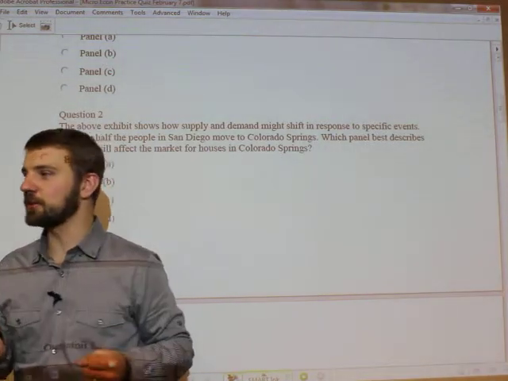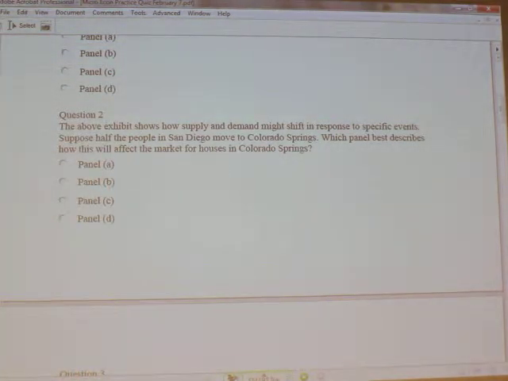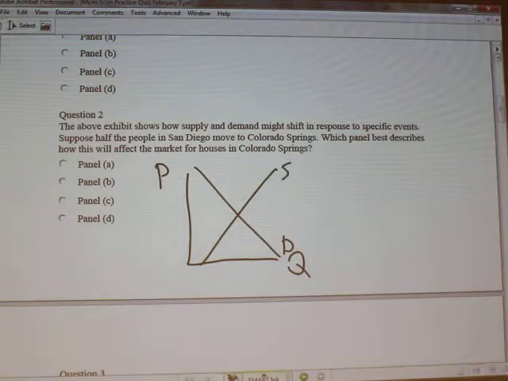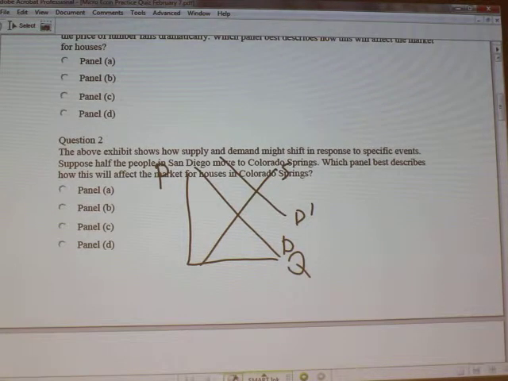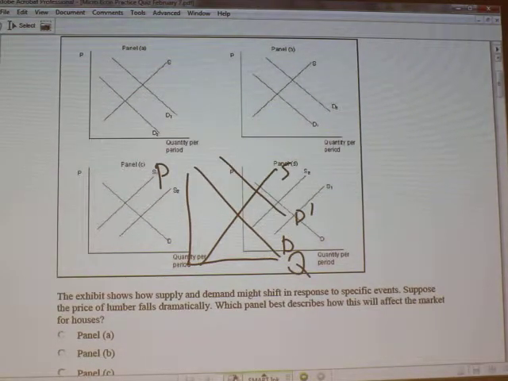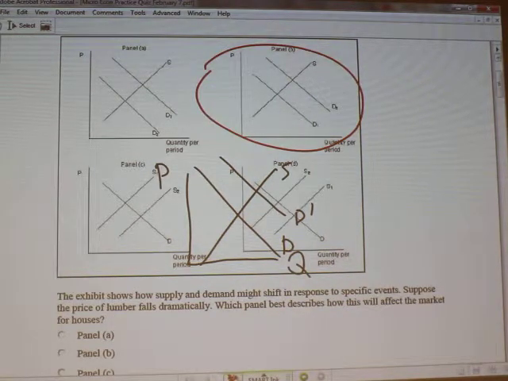And is it going to increase demand or decrease demand? It'll increase demand. And so what you can do is draw yourself a graph, label the curves. It's good practice. And then you show demand increasing from D to D prime. And now which of the curves up here does this look like? The answer is B. Looks like that one there.